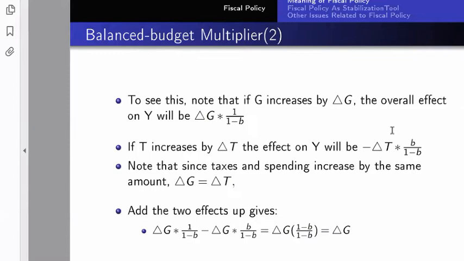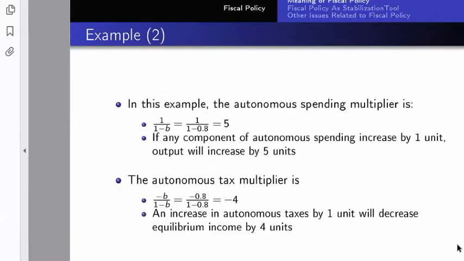This change in T can drop, but the multiplier is unaffected. The minus B over 1 minus B is unaffected by the question you're asking. It is the change in T that will drop. Okay, thank you, sir. All right, good.